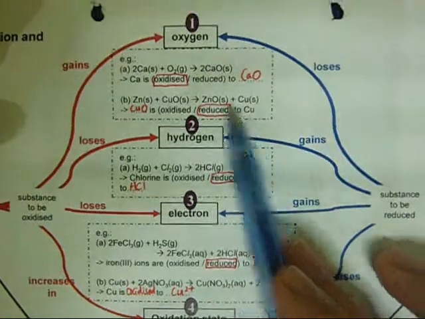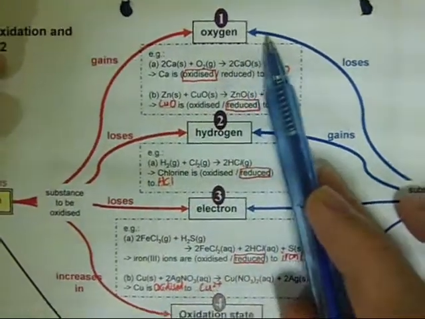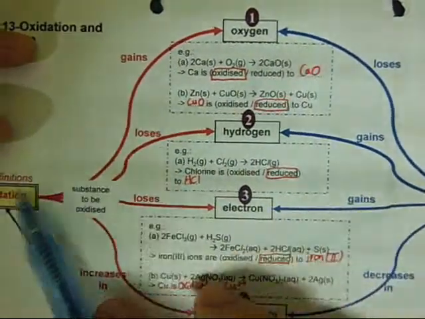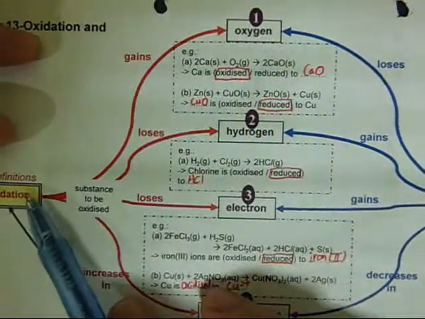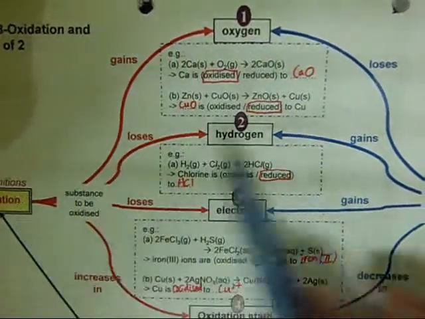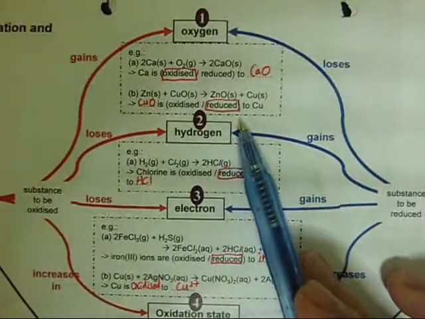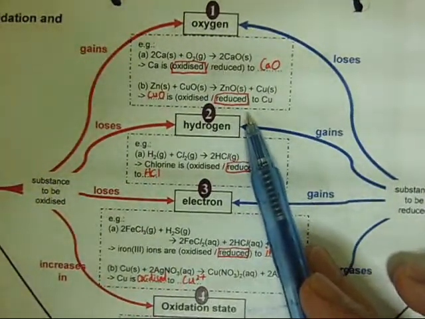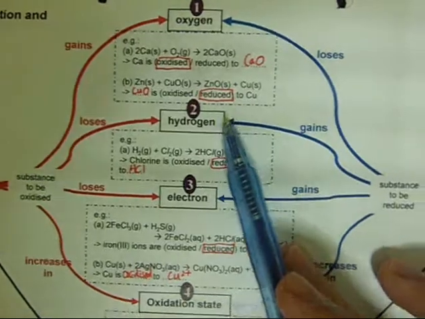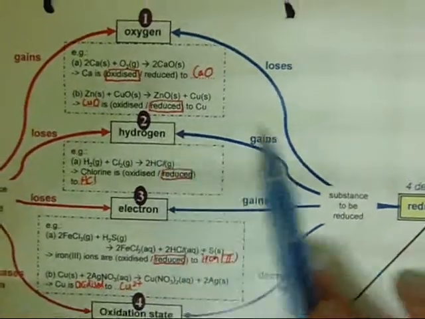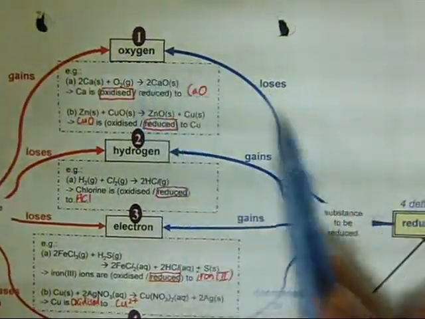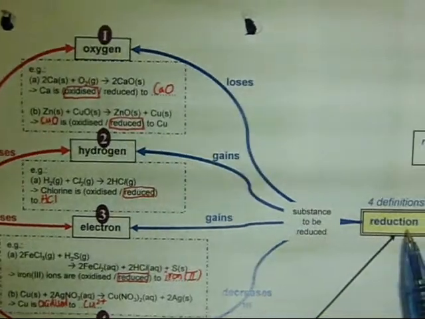Gain of oxygen means oxidation. So loss of oxygen, which happened to copper oxide, would be reduction, because oxidation and reduction are opposite of each other. Loss of oxygen is actually reduction.